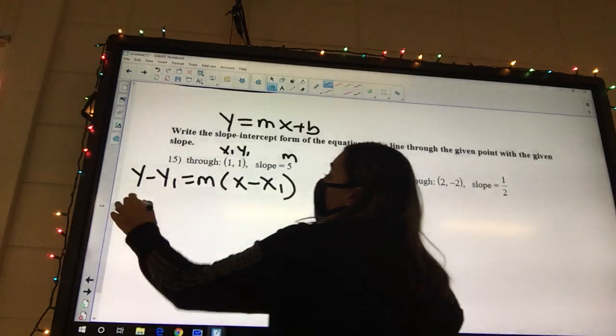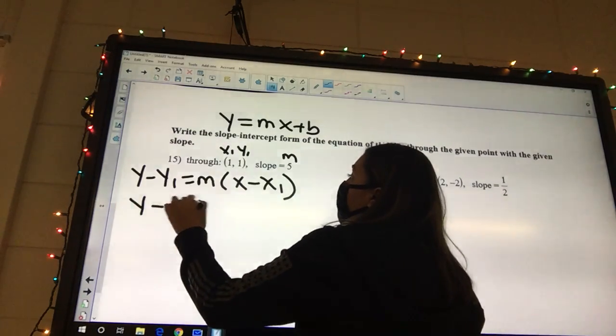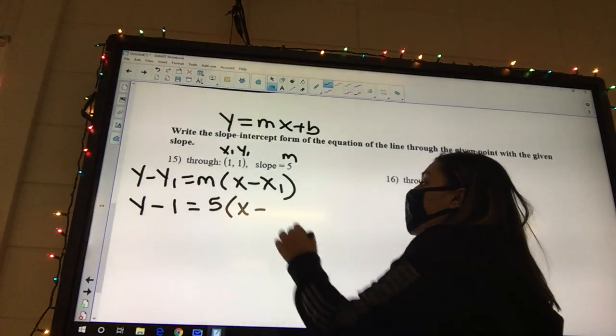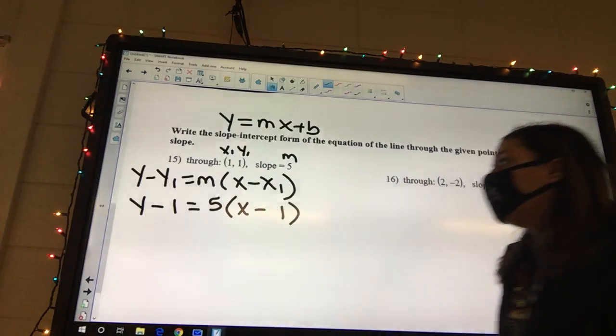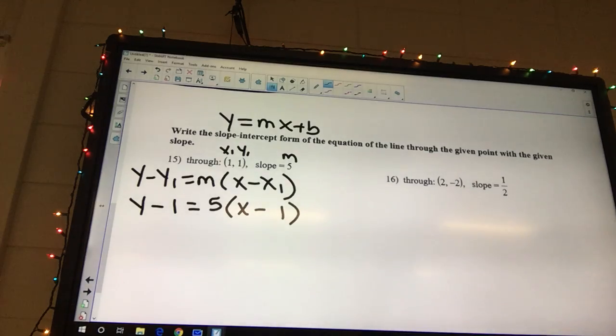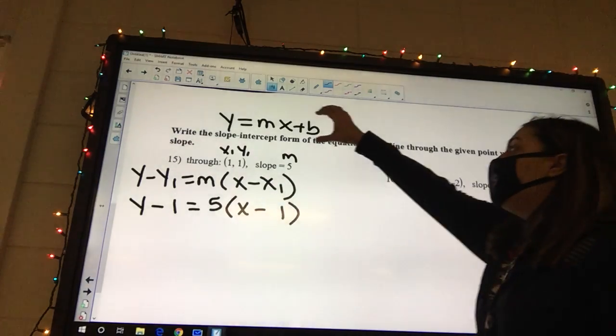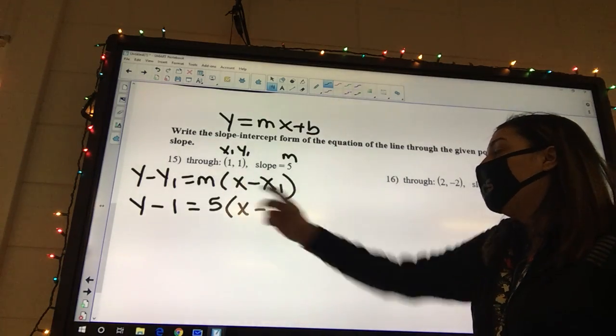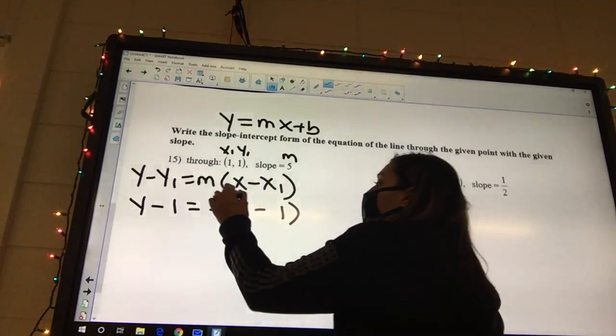Okay, so I can say y minus 1, my m is 5, x minus my x1 is 1. Do we stop or do we keep going? Yeah, we have to keep going. So up here has no parentheses. That means down here I need to get rid of the parentheses, so I'm going to have to distribute.